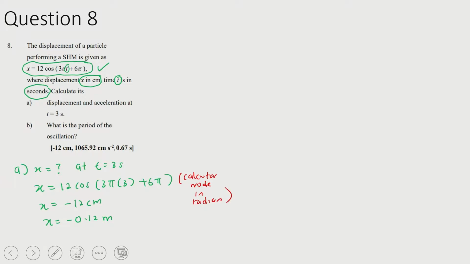Okay, now let's look. The second question asks for the acceleration at time equals to 3 seconds. You have two ways to find this. The first way, you use this formula, acceleration equals to negative omega squared times x. So we know our omega is 3 pi radian per second from this equation.